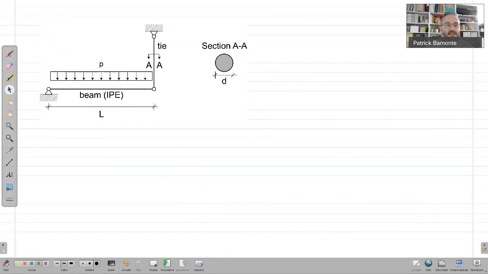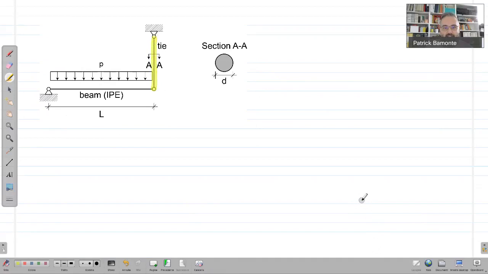As a matter of fact, if you look at the tie, you clearly see that being a steel member, it fulfills the 3 golden rules in order to be subjected only to an axial force. Namely, at the boundary you have hinges, the member is straight, and there are no loads applied in the interior of the structural member.